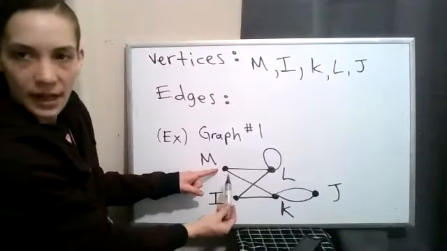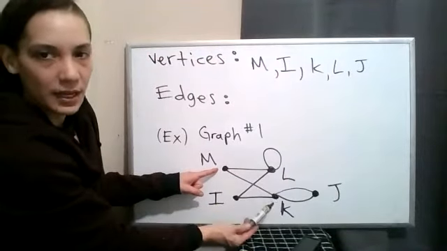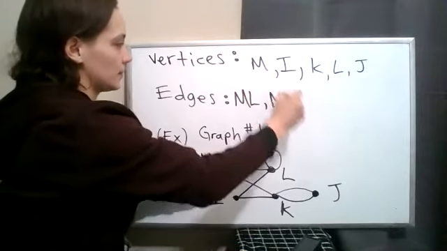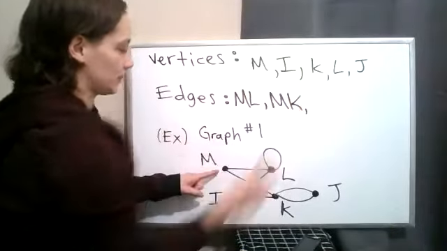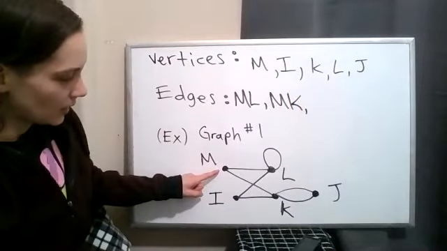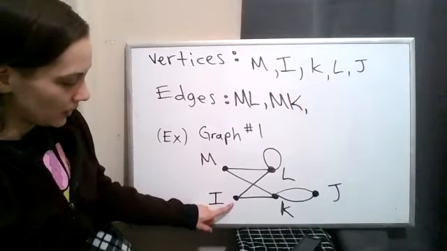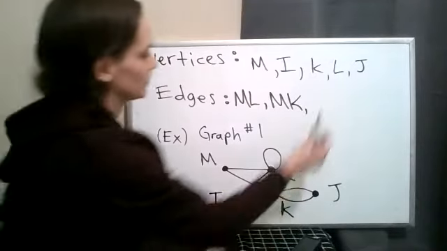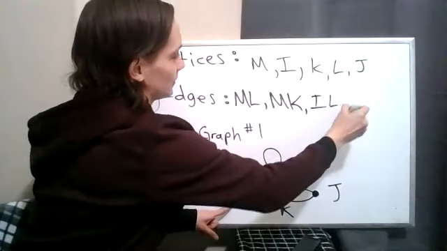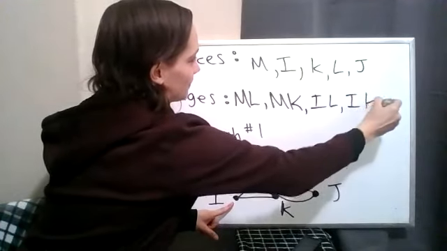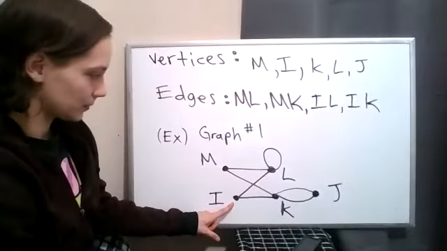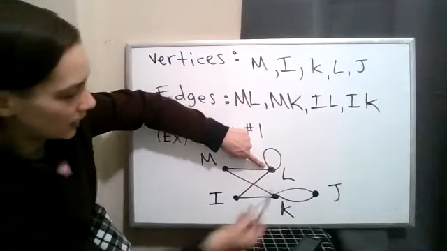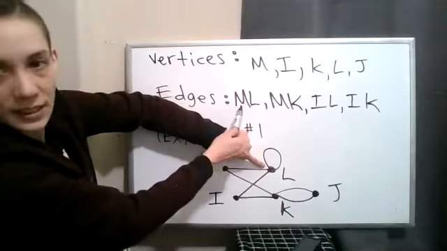Let's do M to L, M to K. I, L, I, K. So L goes to M, which we've already listed.